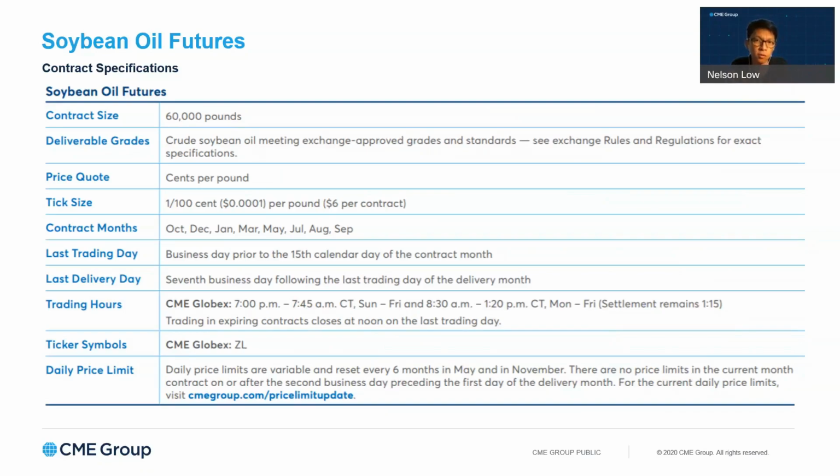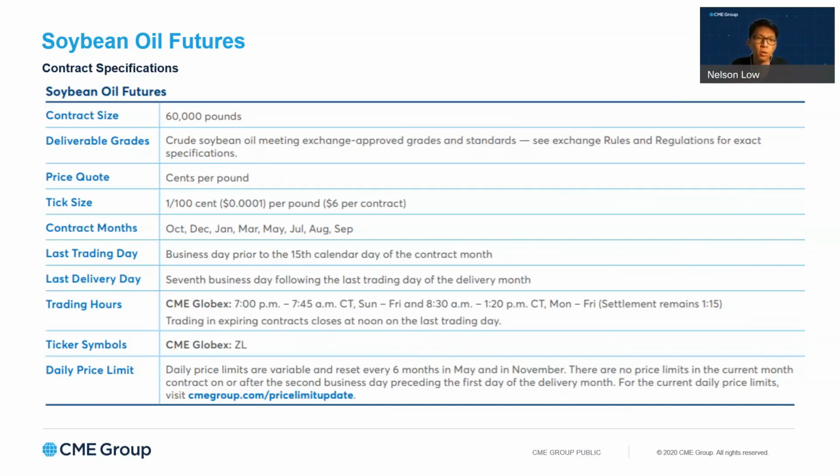We are familiar with the metric system, but the Americans use the imperial system. So they still use pounds in America, but it's a very easy conversion. In essence, 60,000 pounds is more or less around 27 metric tons. So it's actually very similar to the Bursa Malaysia contracts for palm oil, which are 25 metric tons.